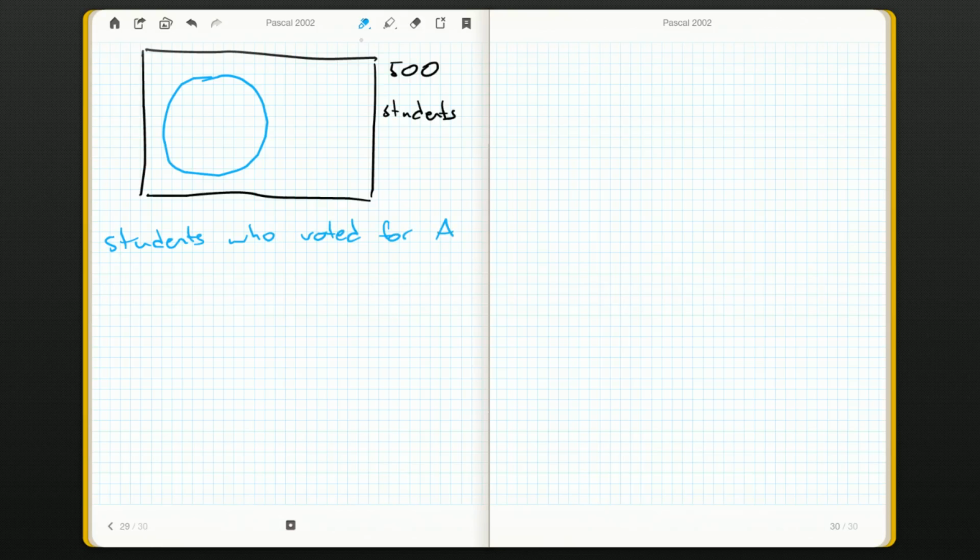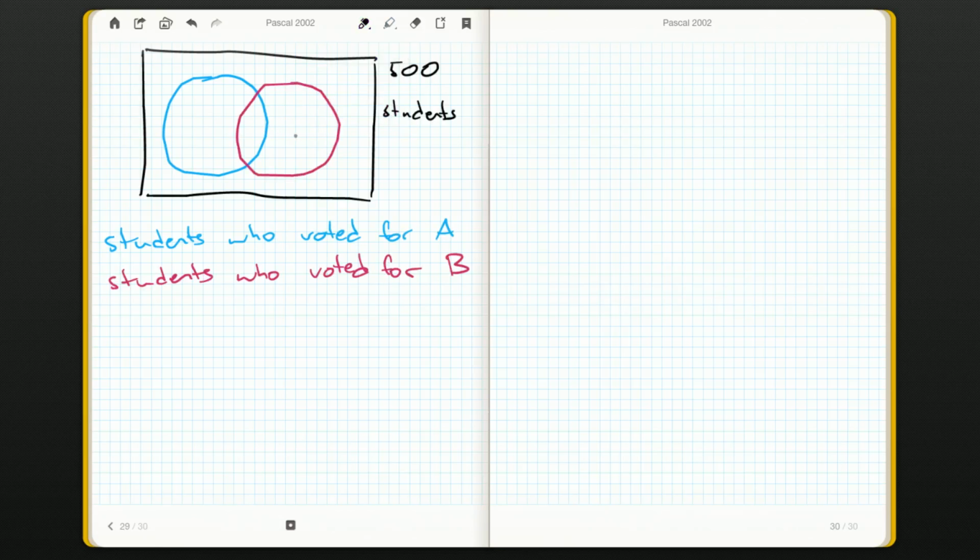I'll call that issue A. And then we have the students who voted for the second issue. We'll call that issue B. And we're suggesting that there is some overlap.